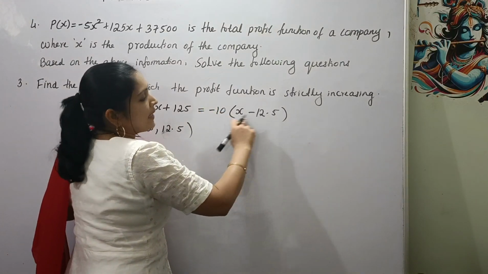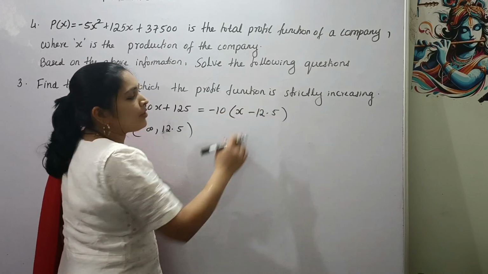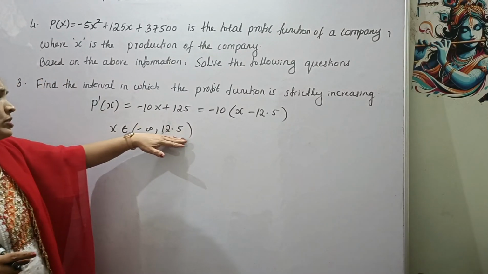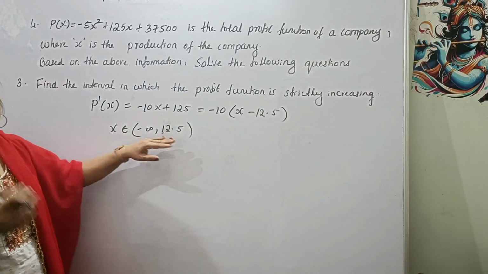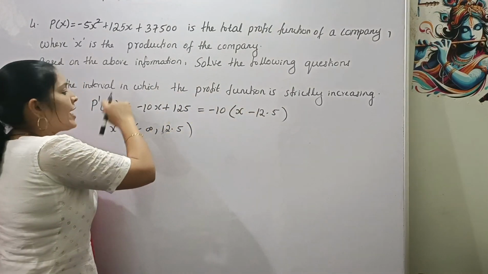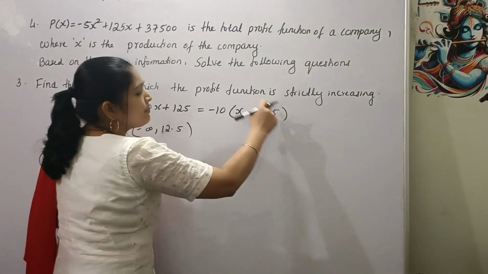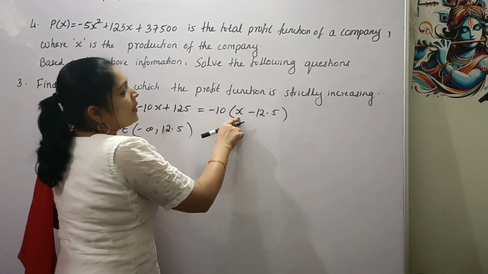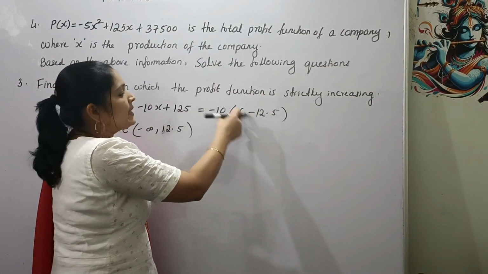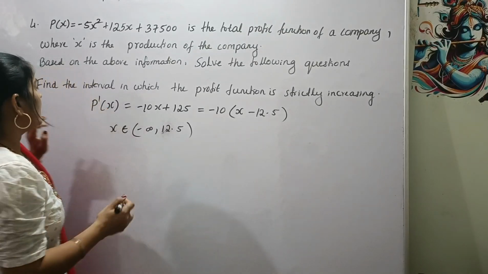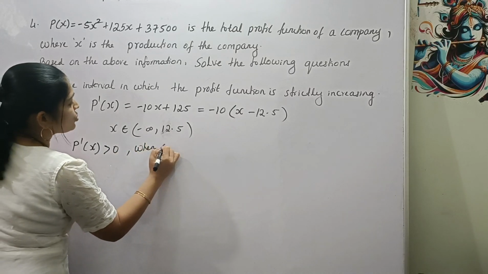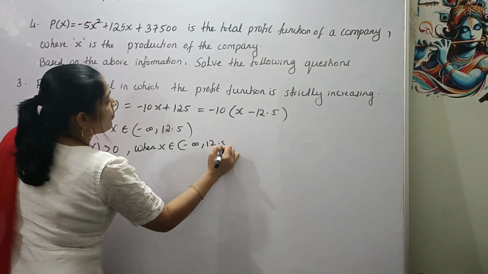If x is equal to 10, it will be 10 minus 12.5, that is minus 2.5. This minus into minus will become plus, right? Suppose x is equal to minus 2. Minus 2 minus 12.5 is minus, right? Minus into minus will become plus. So if you substitute any value of x in this interval, we will get P dash of x greater than 0 when x belongs to minus infinity to 12.5.